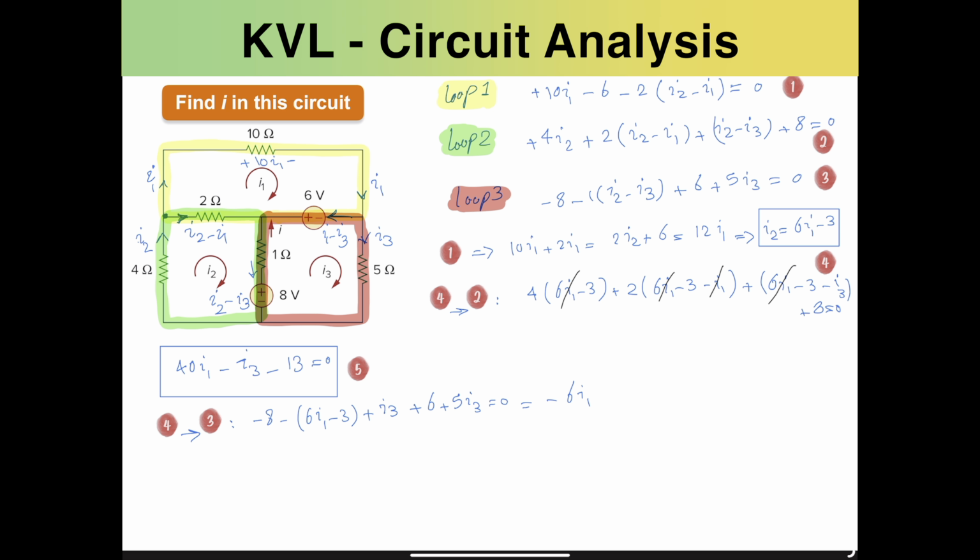Then I3, we would have 1 and 5, so plus 6I3. Our constants, by the way, are going to be minus 8 plus 3, it would be minus 5, plus 6, it would be plus 1. So that's how our next equation is going to be generated, and I'm going to call this equation number 6.